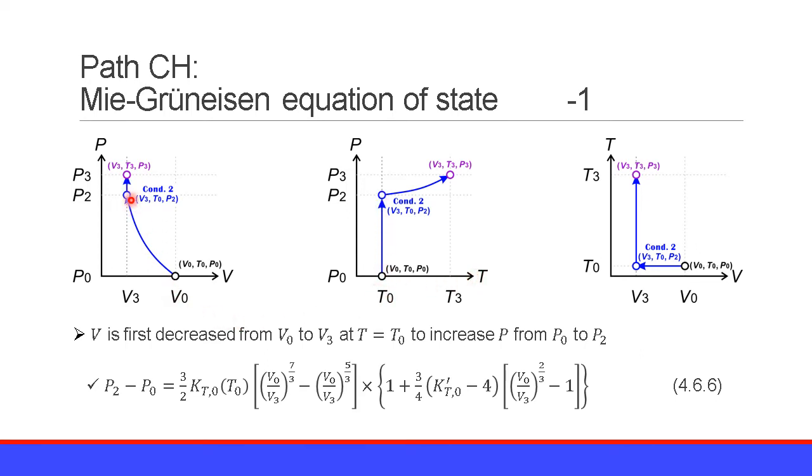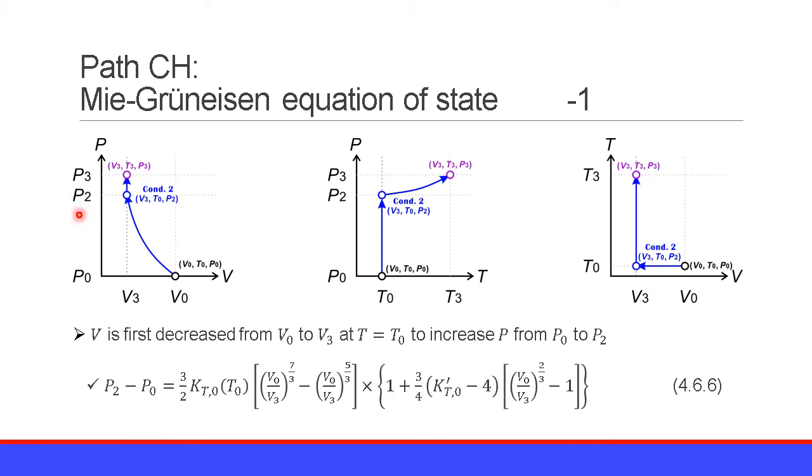Then the pressure increases from P0 to P2. We express this path using the Birch-Murnaghan equation of state in many cases.